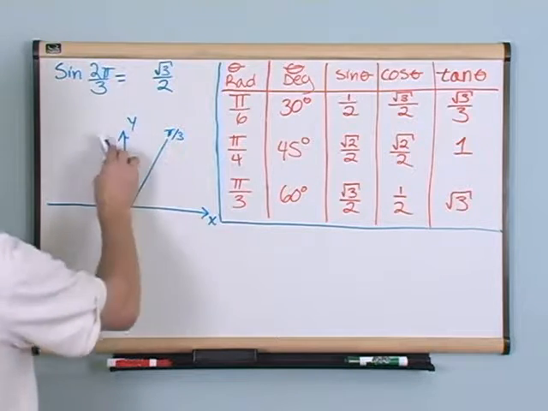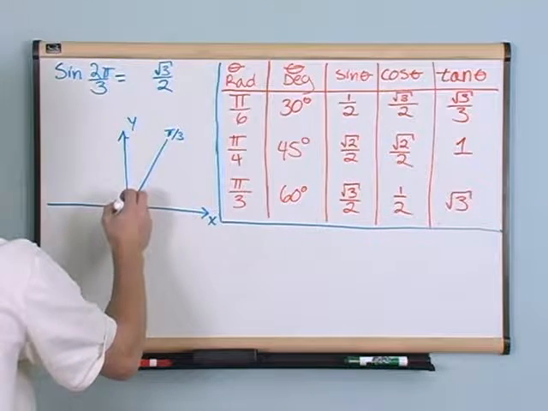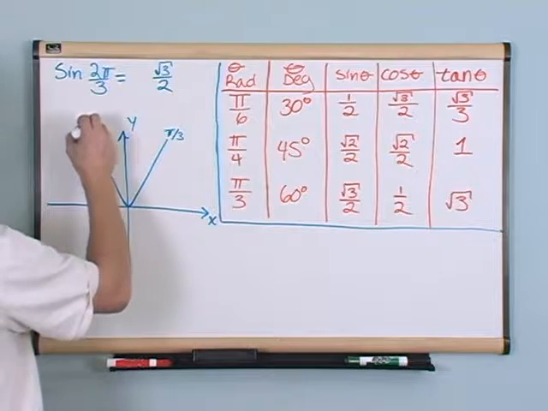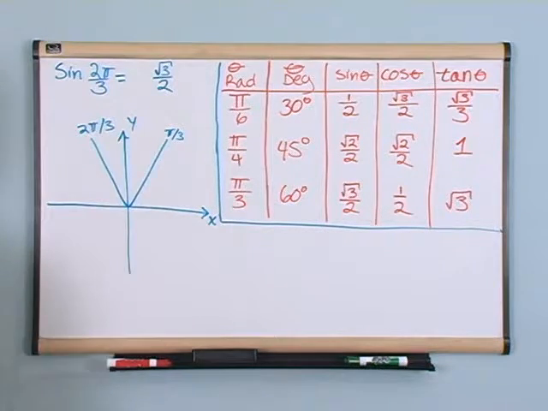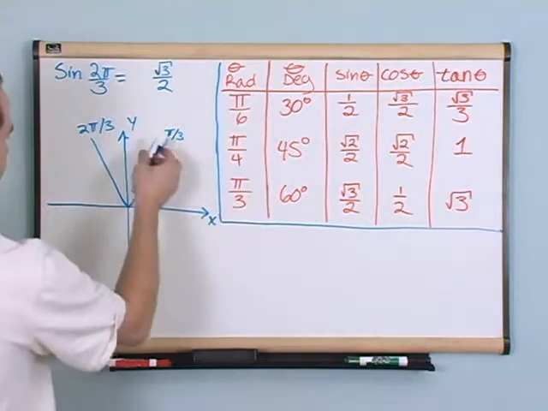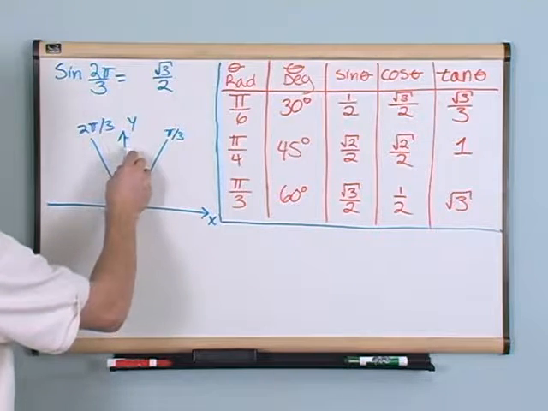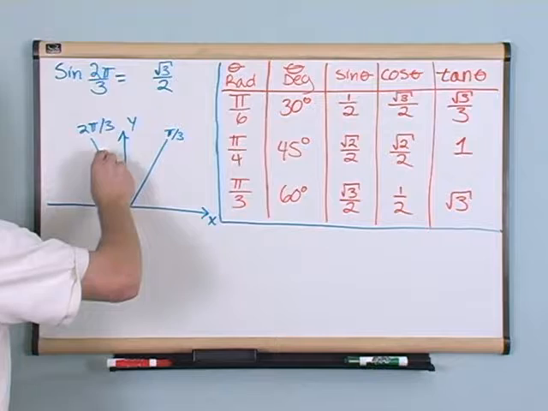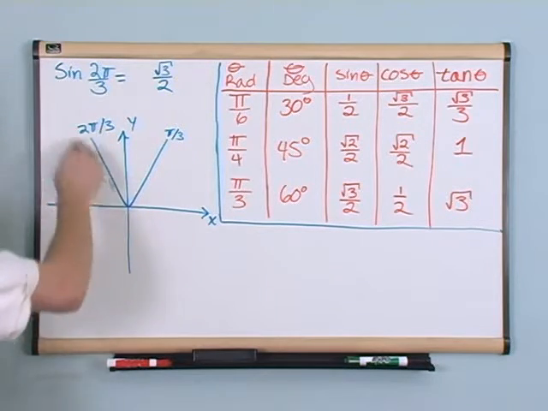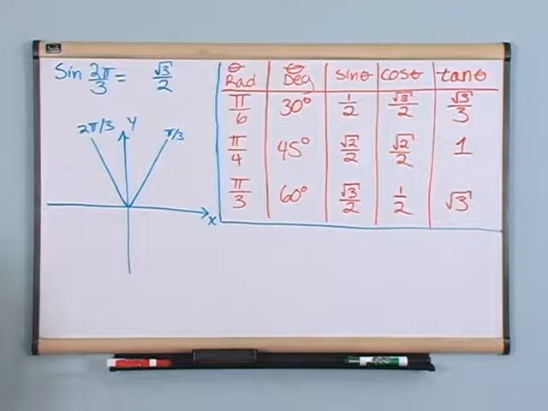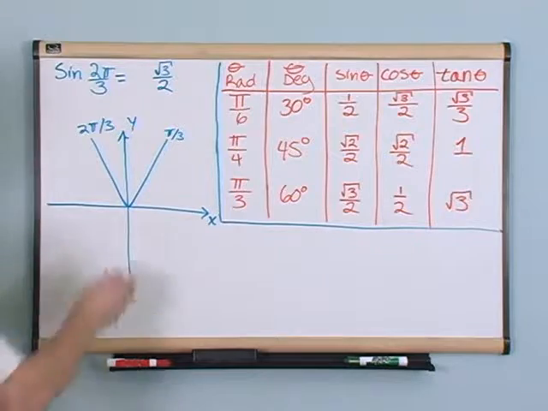Add another 60 degrees and that puts you over here. This is 2 pi over 3. So pi over 3 is up here at 60 degrees. You've got 30, 60, 90, 120. So over here is 2 pi over 3, which is 120 degrees, because 2 times 60 degrees is 120 degrees.